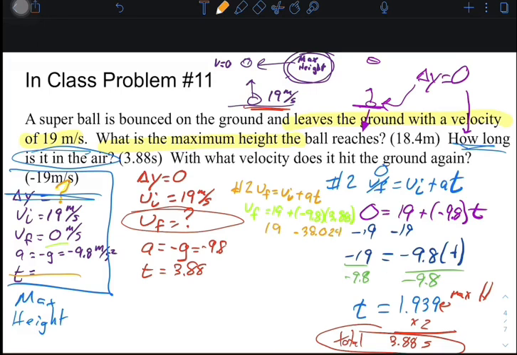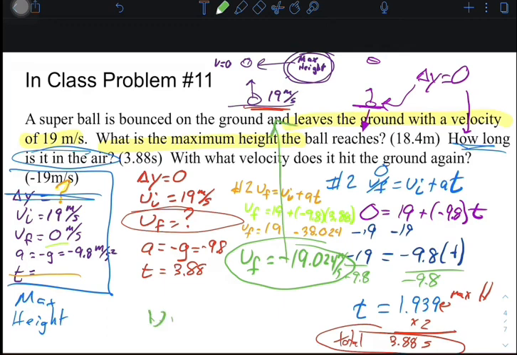Now, we have to make sure we say 19 minus 38.024, and we get a final velocity of negative 19.024 meters per second, which is VF is equal to the opposite of VI. And that's where that comes from.